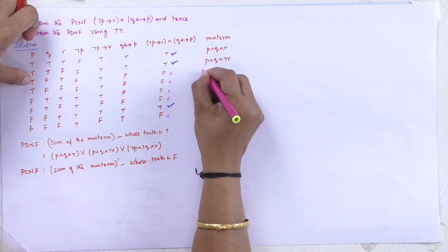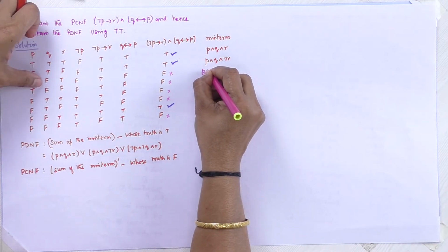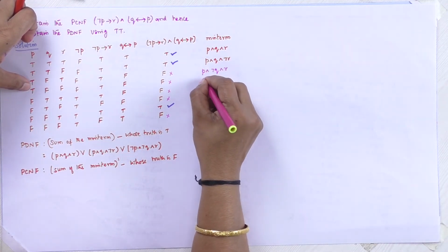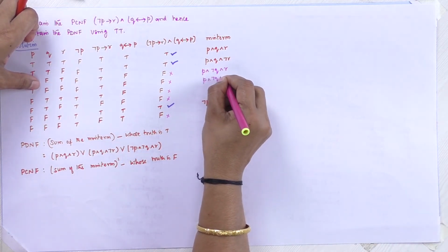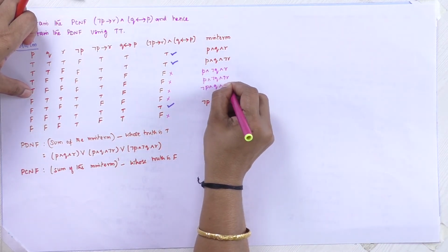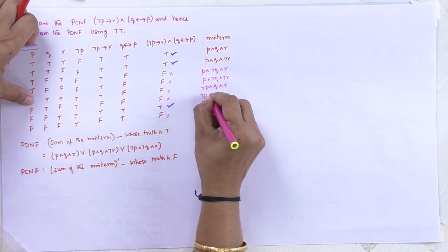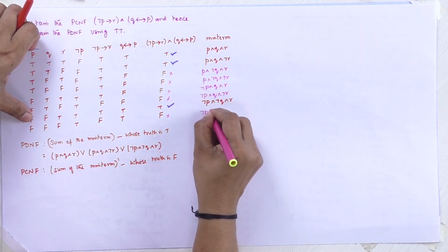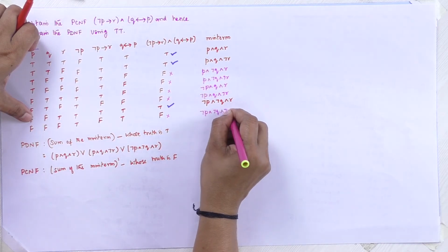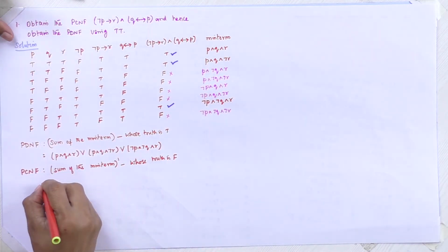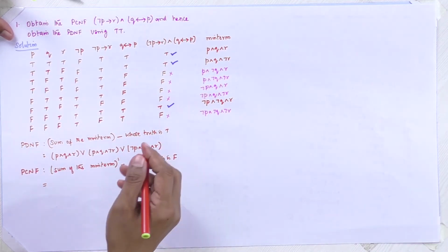So it is P and not Q and R, and this is P and not Q and not R. This is not P and Q and R. And this is not P and Q and not R, and this is not P and not Q and not R. So these are the 5 minterms I have, and now I will have to sum up and take the complement of that.